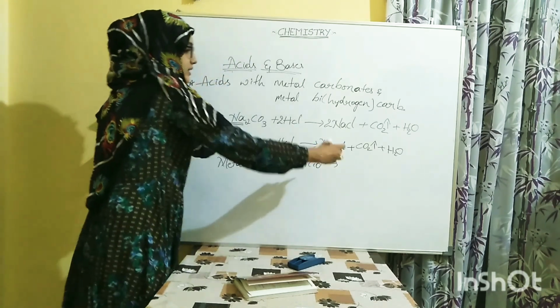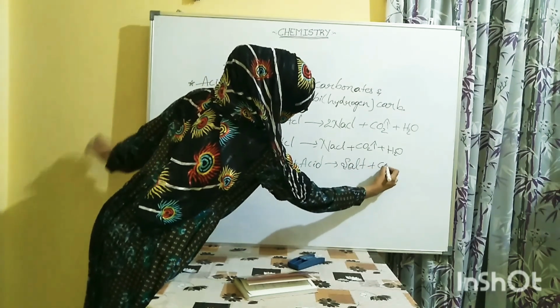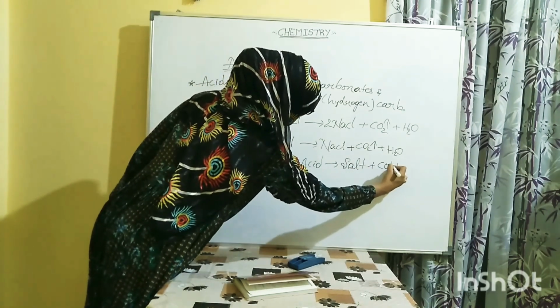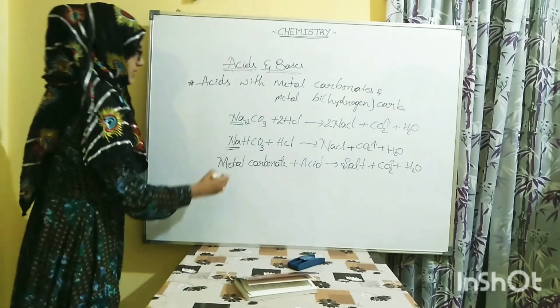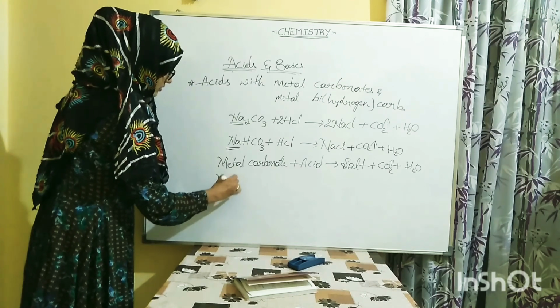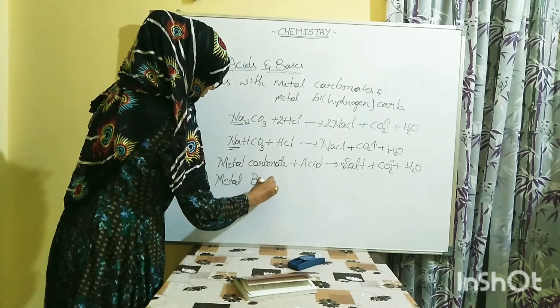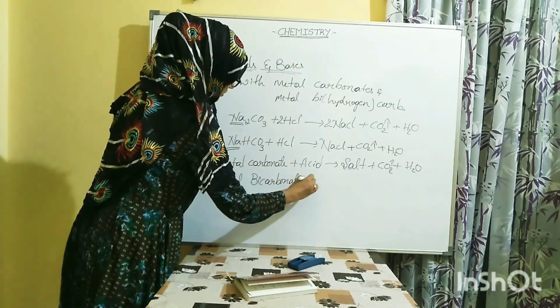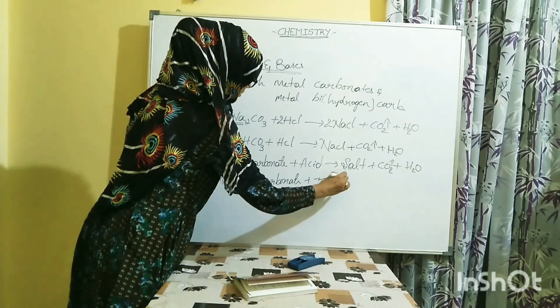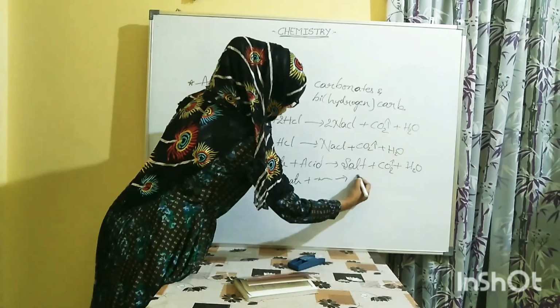What do we get? A salt plus CO2 plus H2O. In the same way, metal bicarbonate plus acid will give the salt, carbon dioxide and water.